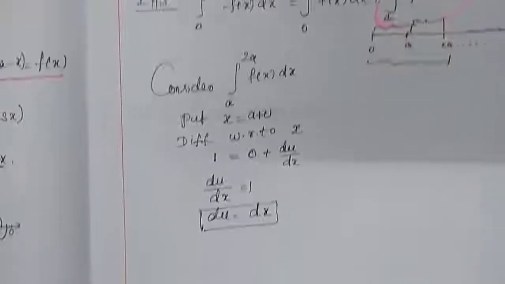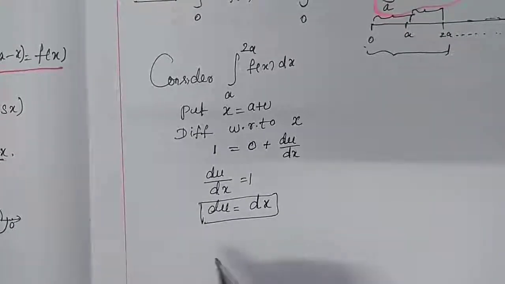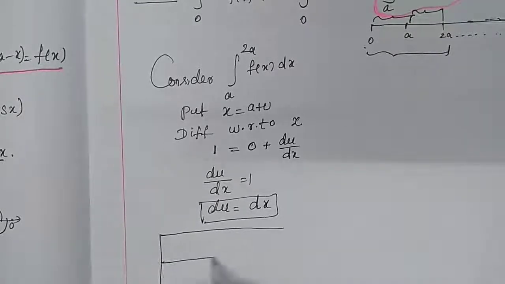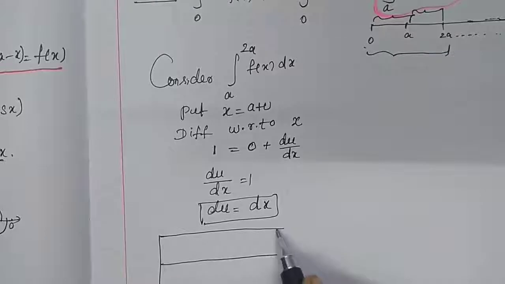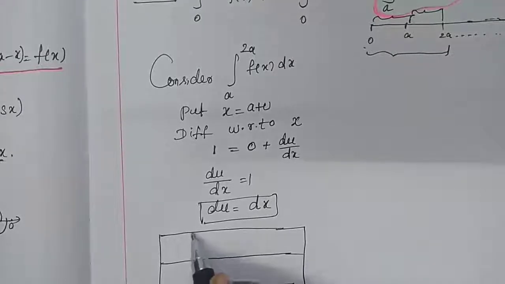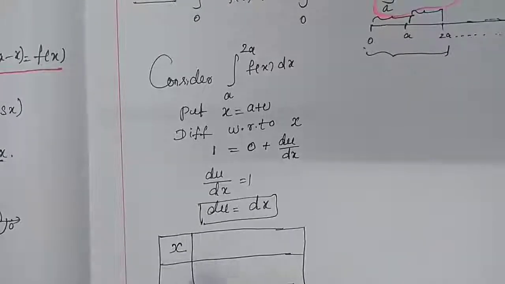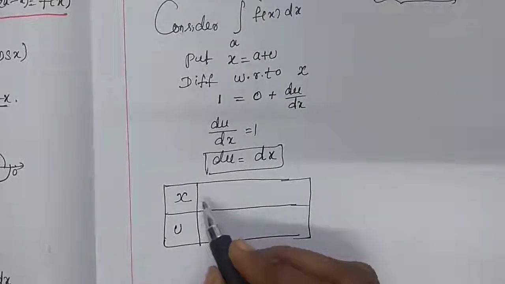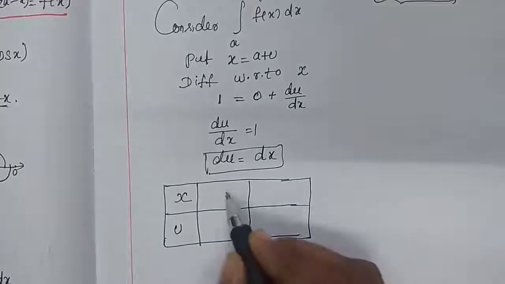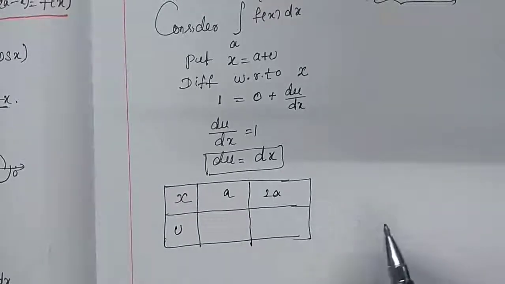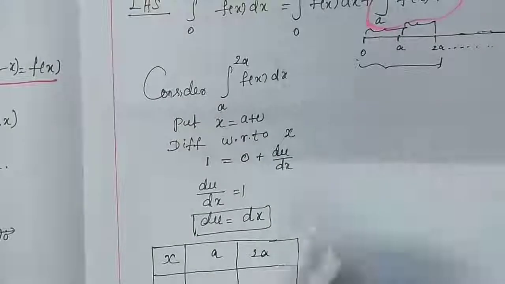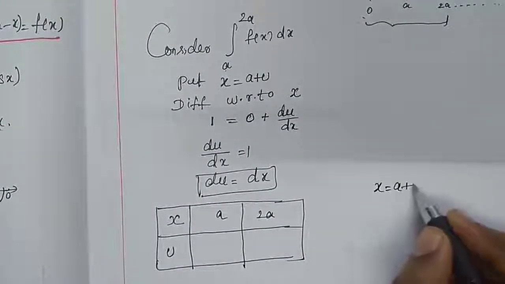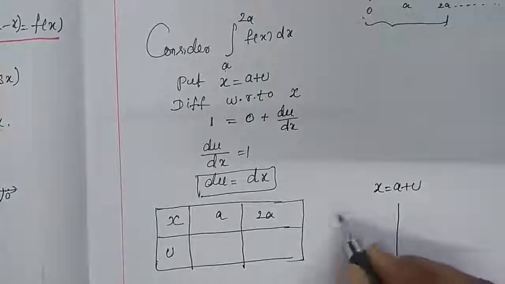Now change the limits from the variable x to the variable u. The given variable is x, our changing variable is u. The limit of x is a to 2a, where x is equal to a plus u.